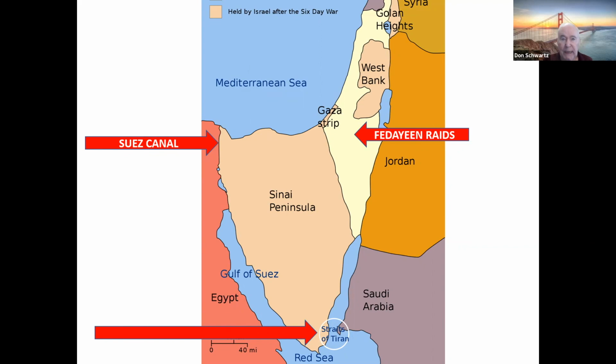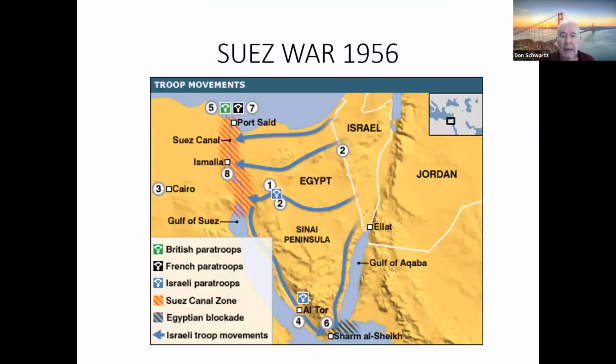But by nationalizing the Suez Canal, Nasser angered Britain and France. And that led Britain and France and Israel to attack Egypt in what became known as the Suez War in November of 1956.